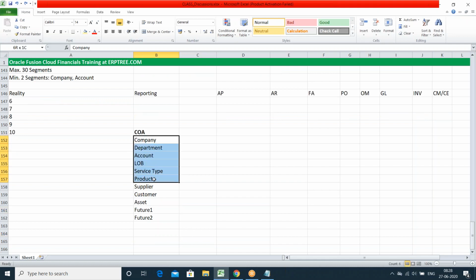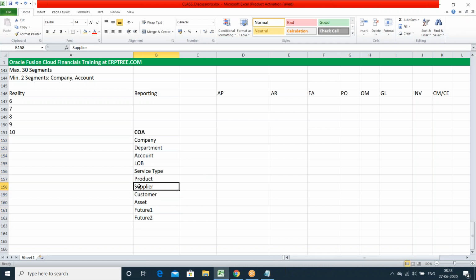Now, if you look at this chart of accounts, here we have almost 11 segments. In reality, whatever we included here, we have to understand whether those are all required or not. The very fundamental point is, when you are creating the chart of accounts for any client, the segments you use within the chart of accounts should not be related to a specific application. The application-specific data capturing element you should not take as a chart of accounts segment.